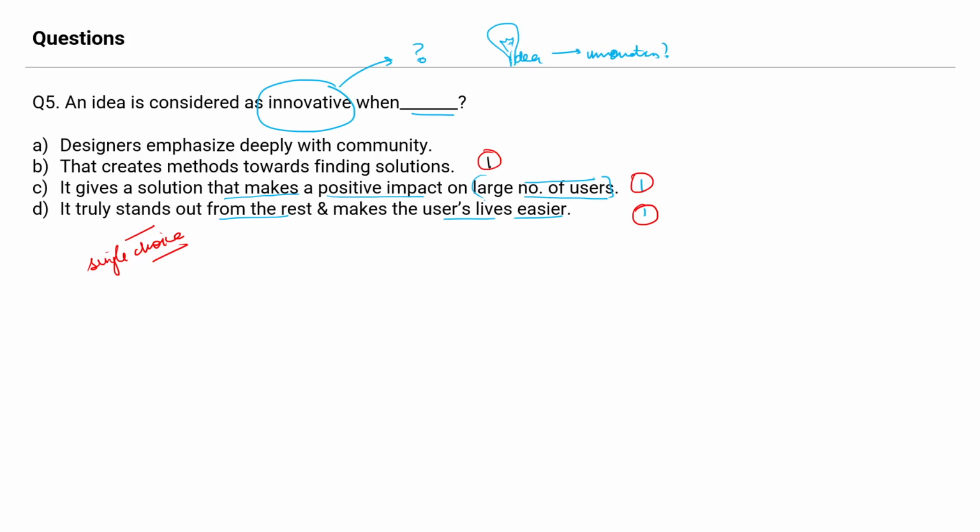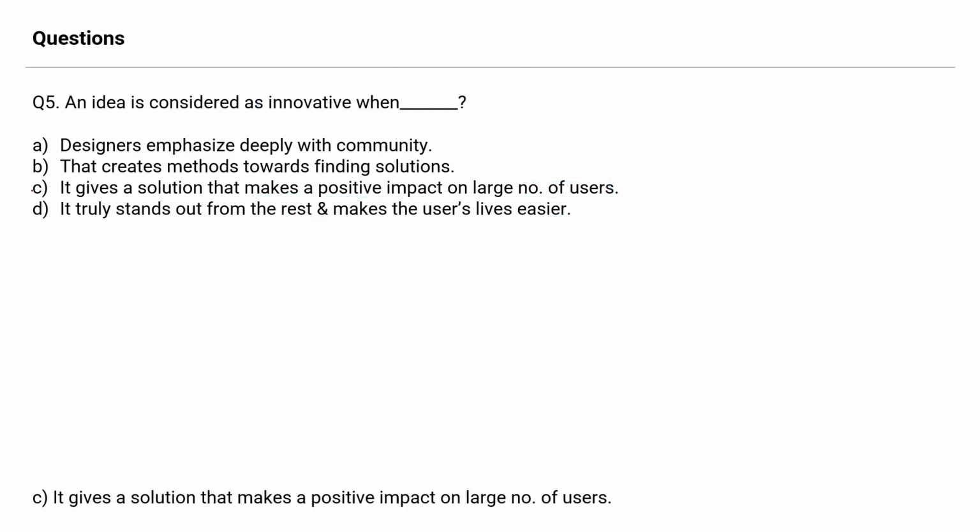All right. So let's go to the correct answer. The correct answer is C. It gives a solution that makes a positive impact on a large number of users. If you remember, Professor, in one of the videos, says that if a product or a design is not reaching the masses, then it is not an innovation according to him.